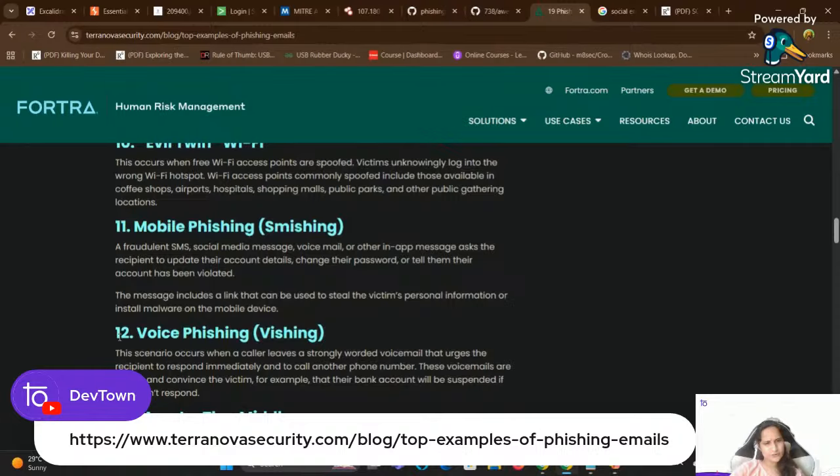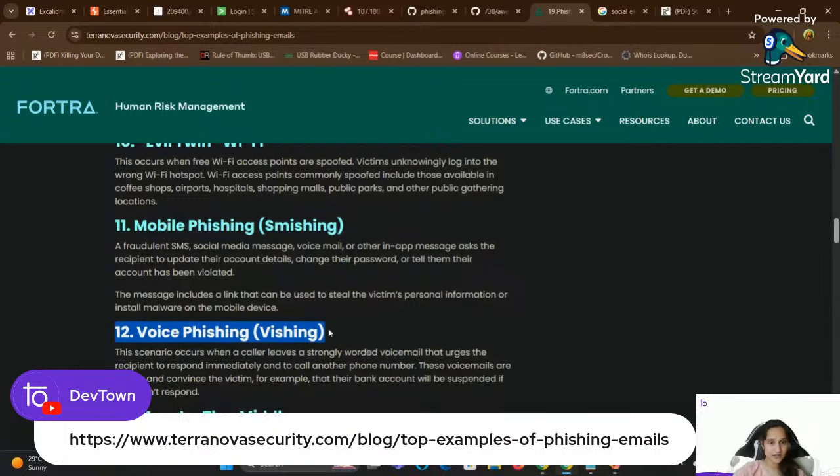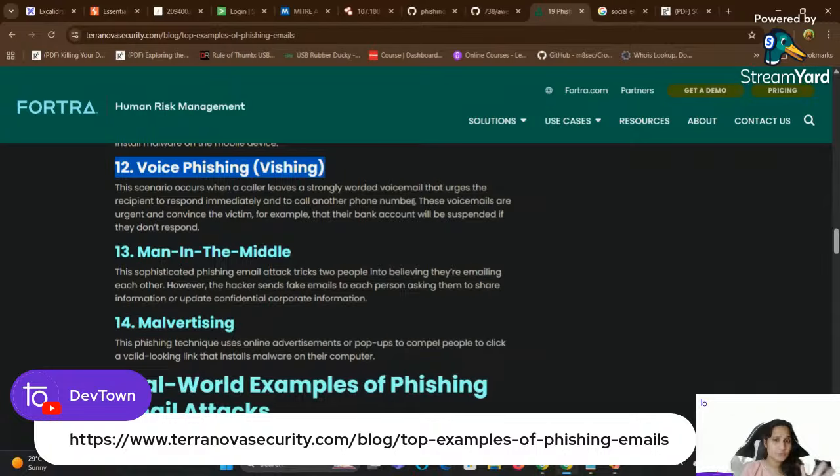And voice phishing, guys. On the first day of our session, we discussed how people change their voice. Basically, in that a person tries to change their voice and make you believe they are a legitimate person. It also mentions the scenario when a caller leaves a strongly worded voicemail that urges the recipient to respond immediately and call another phone number.